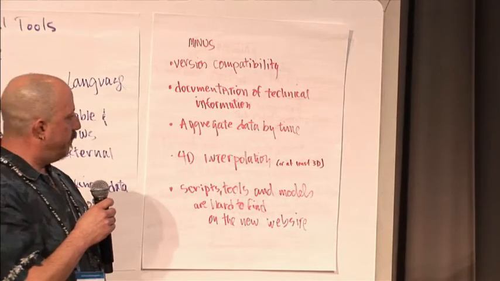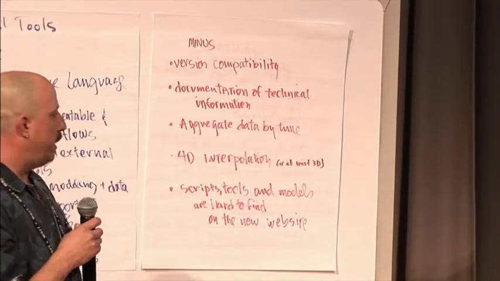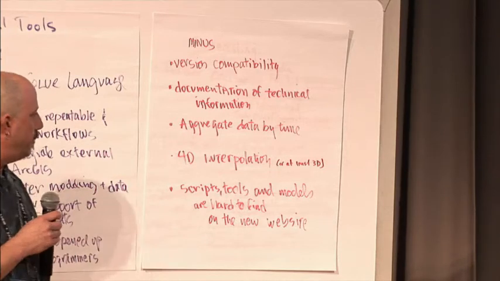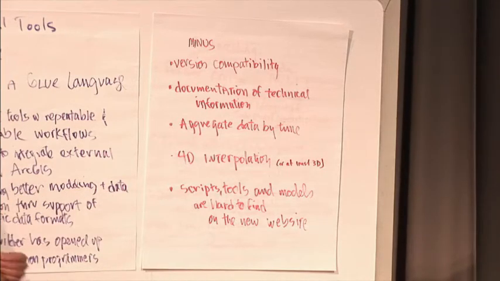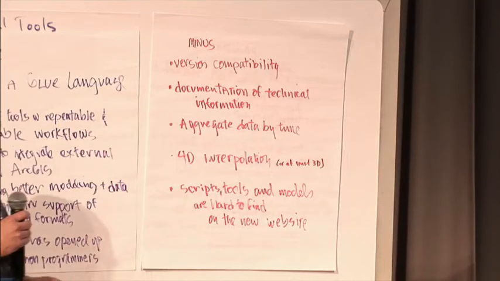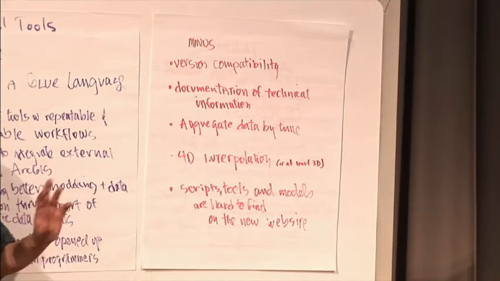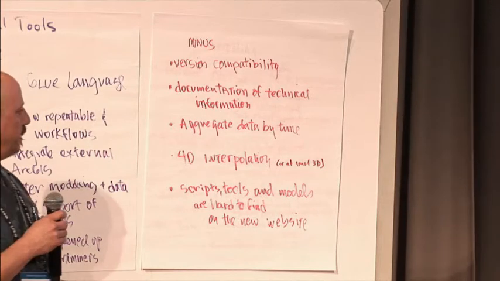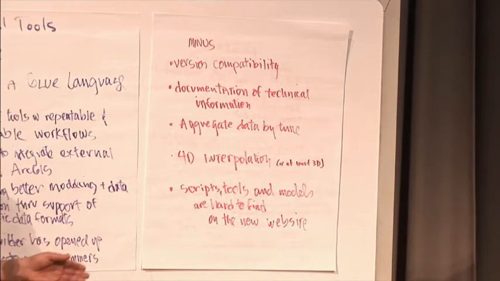And I think that several of the groups have touched on this, but it seems to be a common thread that it can be difficult to find the scripts, tools, or models that do what you need to do, whether they be core ArcGIS functionalities or third-party.